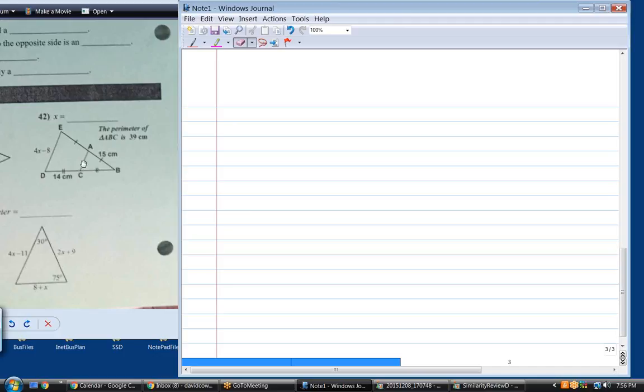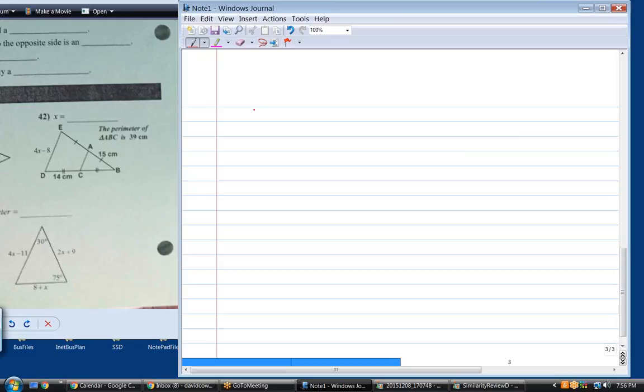And the fact that this line is parallel to this line makes this angle the same as that angle, and makes this angle the same as that angle. In other words, whenever you have parallel lines, these are transversals, and those are corresponding angles, so they're equal. And B is equal to itself, right? Right. So we have all three angles equal.